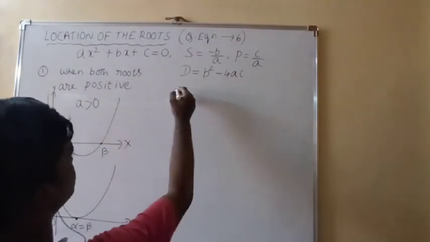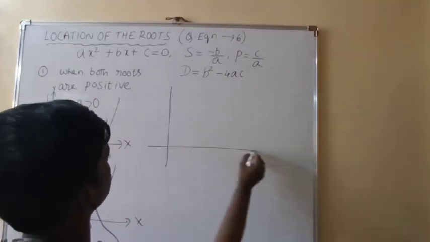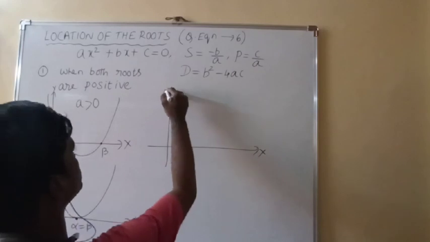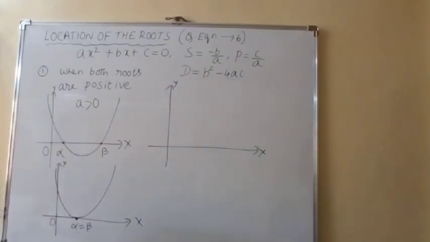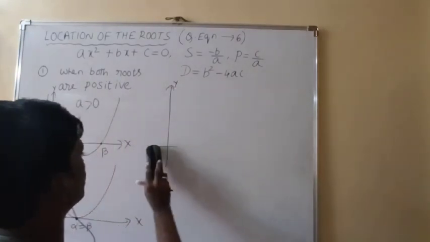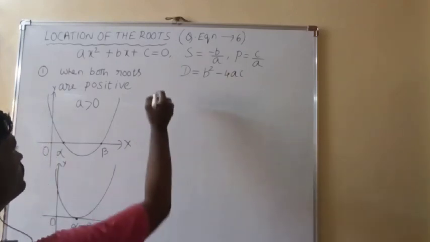So when a is negative, what cases do you get? See here, when a is negative, how do you get the graph?